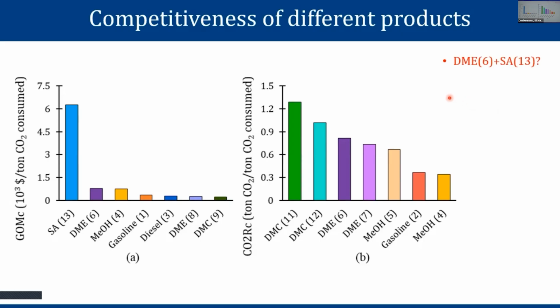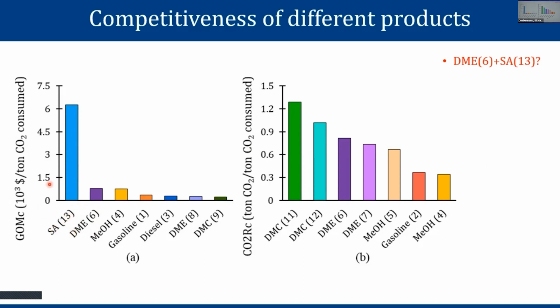So the first conclusion that we can make is that it is best to produce DME6 and SA13.